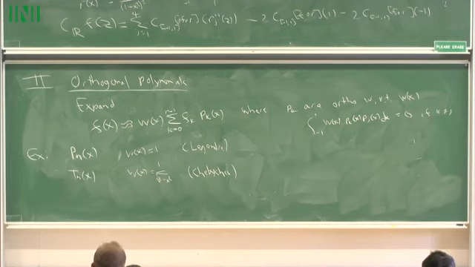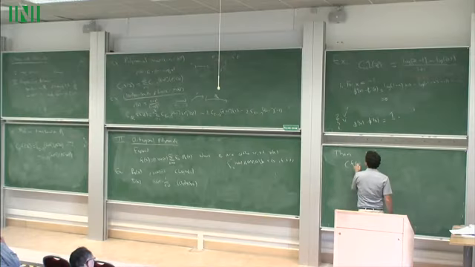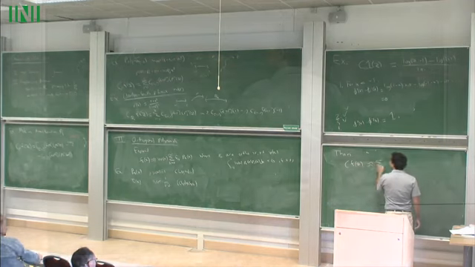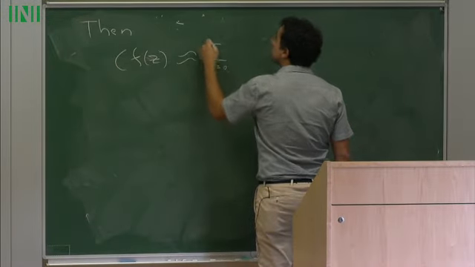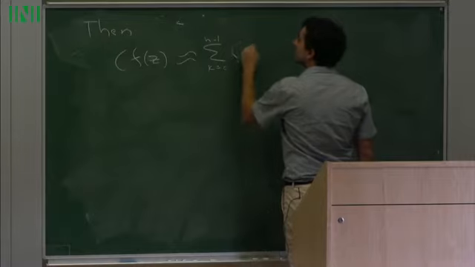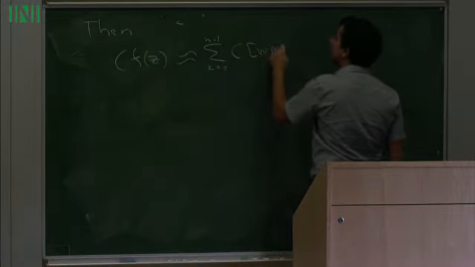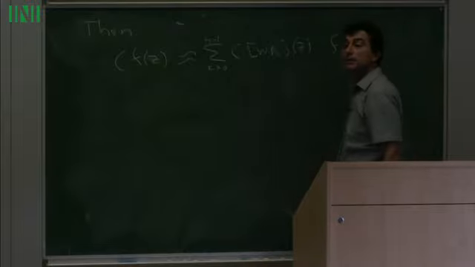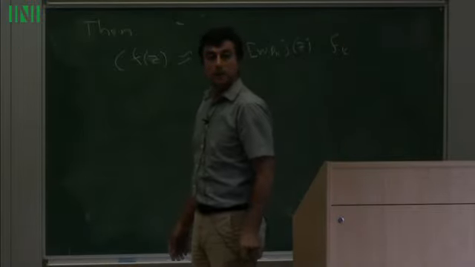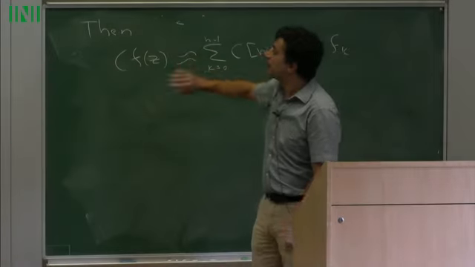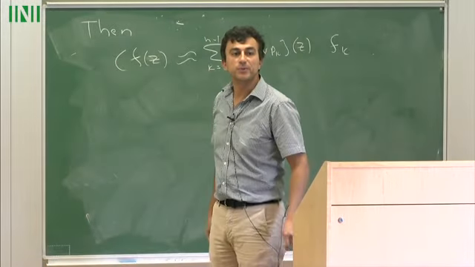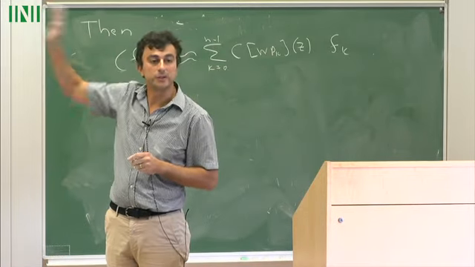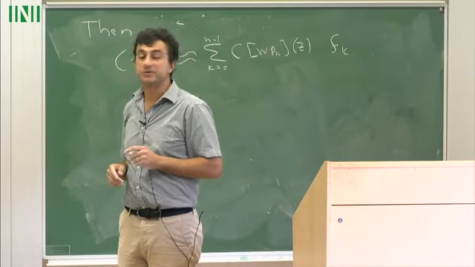So the Cauchy transform of f of z is now approximately the sum from k equals 0 to m minus 1 of the Cauchy transform of w pk of z times fk. I don't write the gamma if I can't be bothered to. Because we said we can reduce everything to [-1, 1], for now we're just assuming it's [-1, 1].